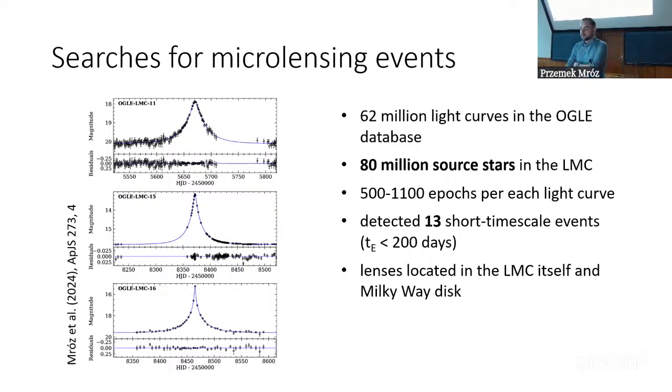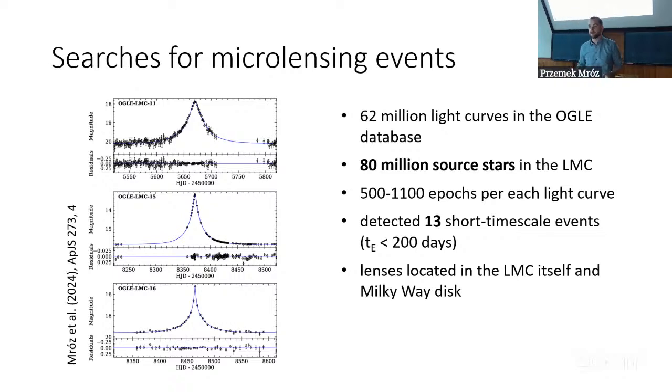Of course, there are many more stars, because with ground-based observations we cannot resolve close pairs of sources. So by comparing our observations with high-resolution imaging from the Hubble Space Telescope, we estimate we had roughly 80 million sources in the LMC.